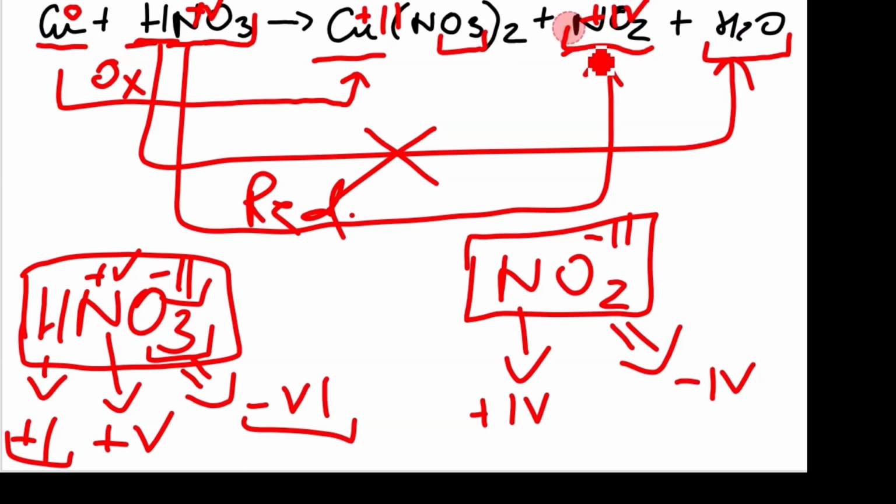In nitrogen dioxide also, and in water also. So there is no change of oxidation state of oxygen atoms. So we found two species that change their oxidation state: copper and nitrogen. Copper is oxidized, nitrogen is reduced.